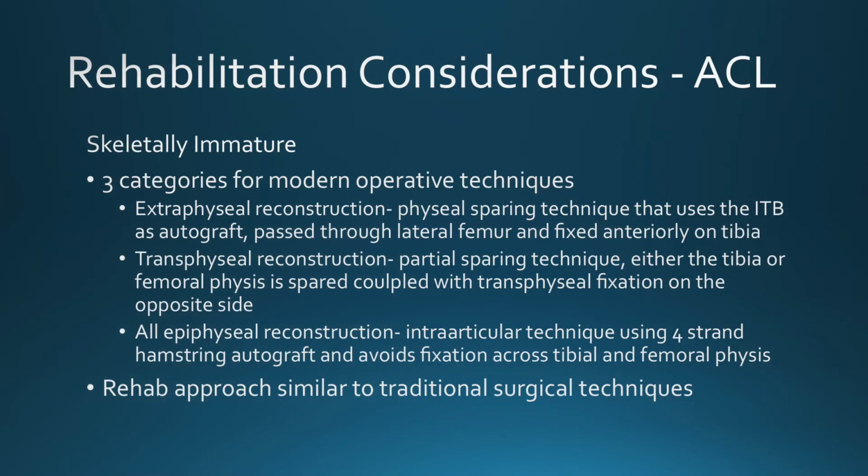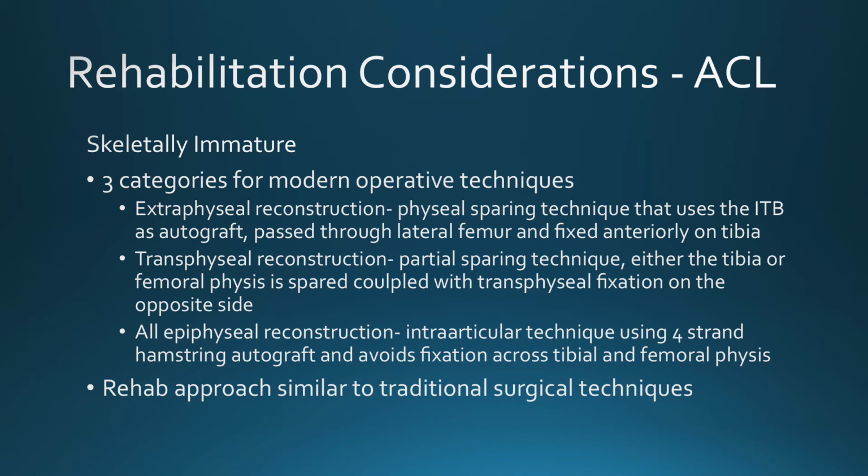So if surgery is performed in this population, maybe because waiting is not an option, there are 3 categories for modern operative techniques. There's the extraphyseal construction, and this is a physeal sparing technique that uses the iliotibial band as an autograft. It's passed through the lateral femur and fixed anteriorly on the tibia. There's the transphyseal reconstruction. This is a partial sparing technique.